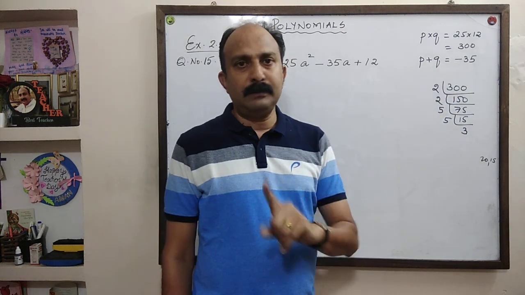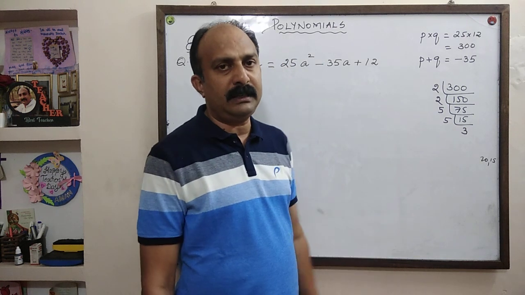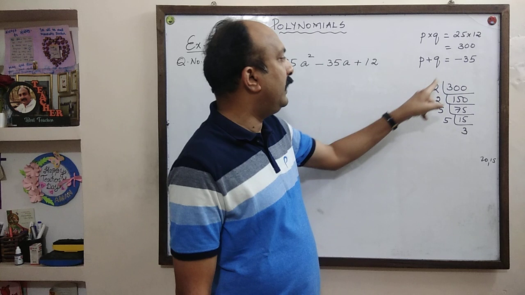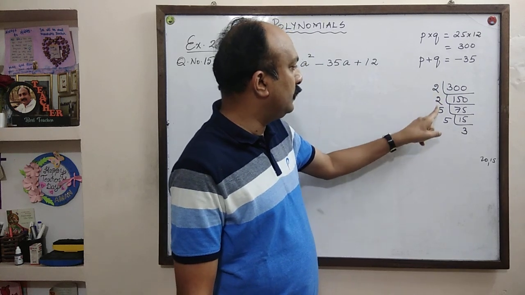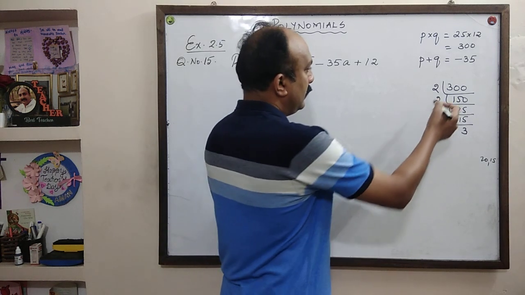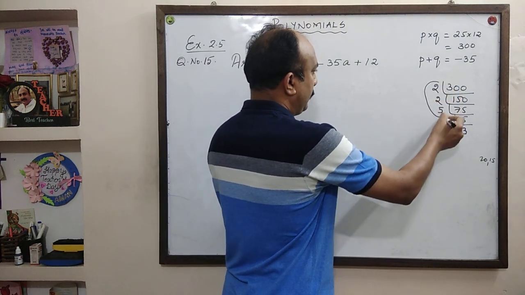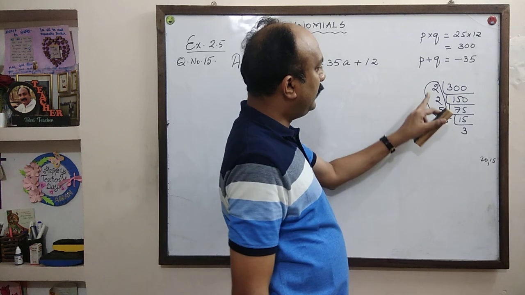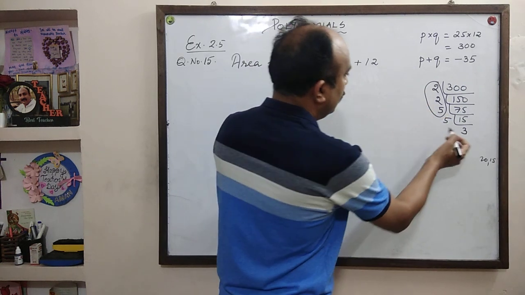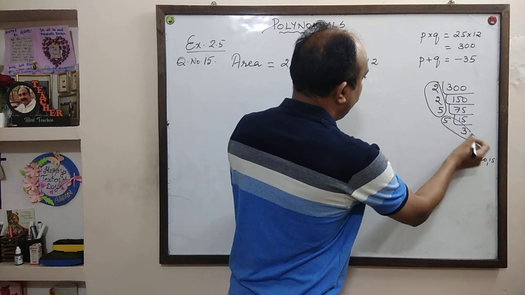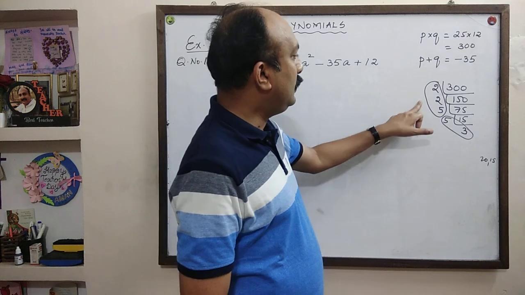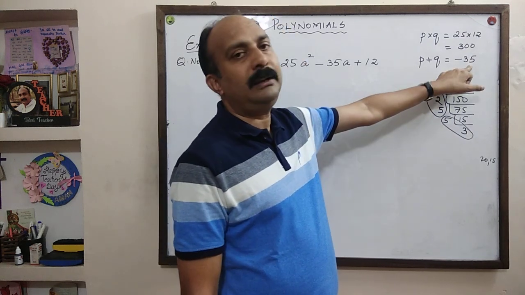Here we know that both the numbers are minus, so forget about the minus sign first. Now make two numbers whose sum is 35 from these factors: 2, 2, 5, 5, 3. Can you? Yes, you can. What is 2 into 2 into 5? 2 into 2 into 5 is 20. Now you take these two numbers, 5 and 3. 5 into 3 is 15. 20 plus 15, 35.